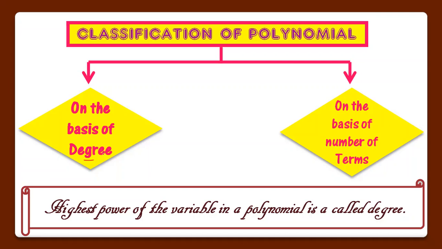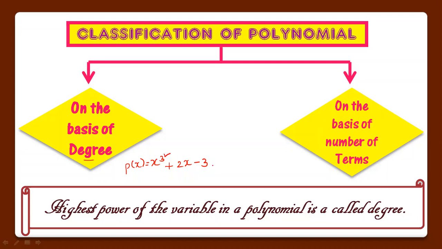Whenever we are given a polynomial, the highest power of the variable present in it will be called the degree. Suppose I write here x cube plus 2x minus 3. Here the variable is x, it is p(x). So the highest power of x in this expression is 3.